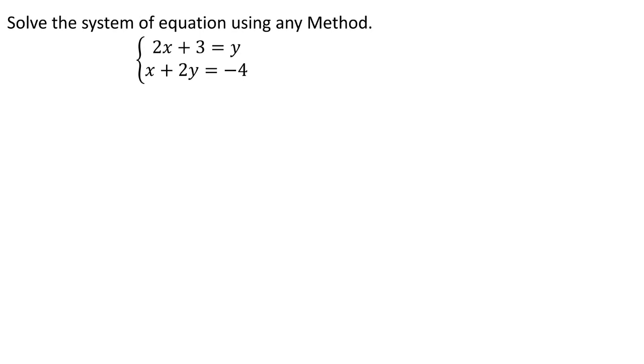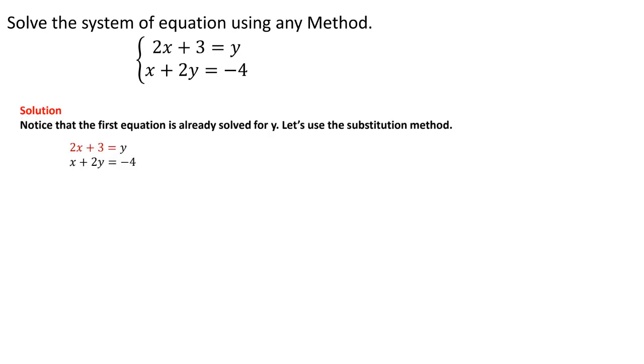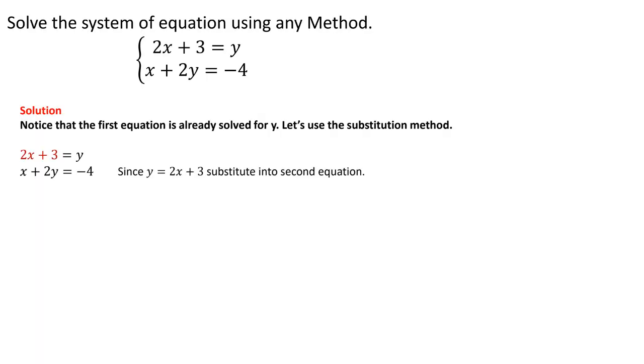Since I already solved for y, that makes it a little bit easier because I don't have to worry about solving for an exponent. So here my y is isolated already. And so I'm going to go ahead and use the substitution method.